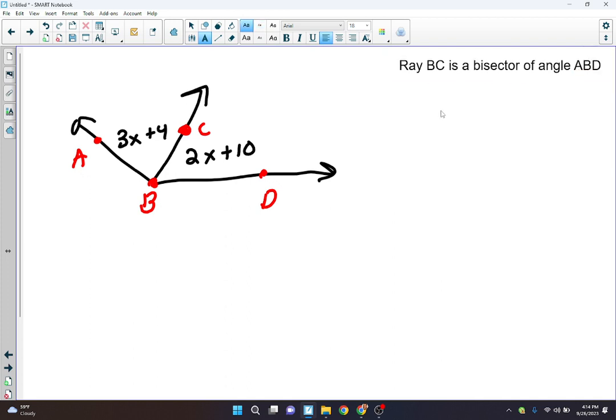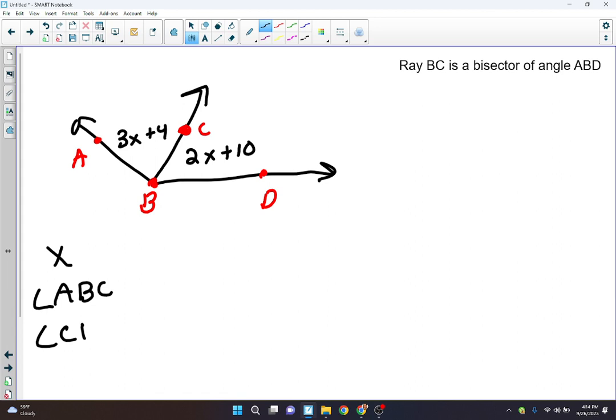I would just give you that. And then from there, you need to give me X, angle ABC, and angle CBD. I have a little space to put your answer. The only thing is, I didn't tell you the total in this case. I just told you it's a bisector.